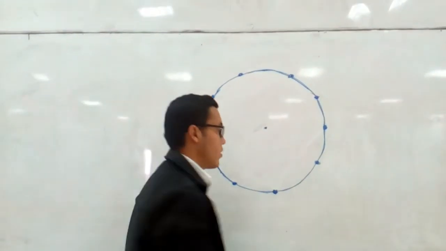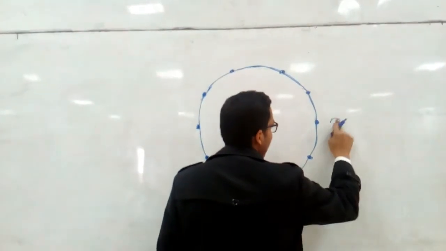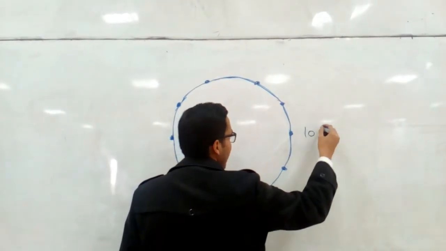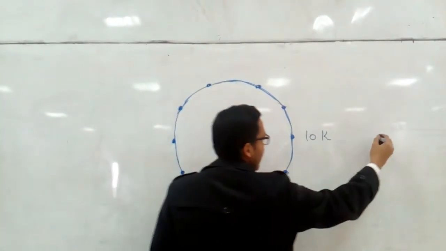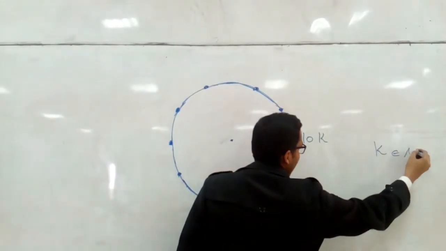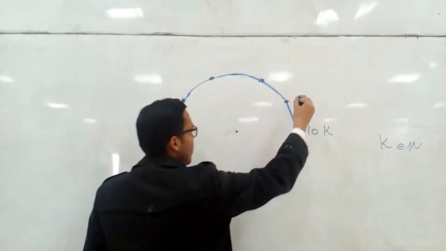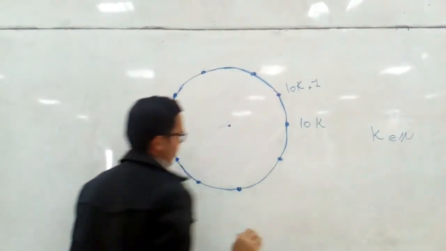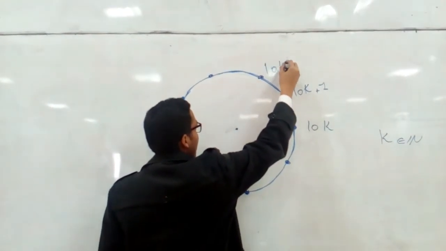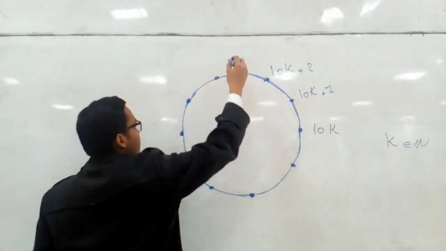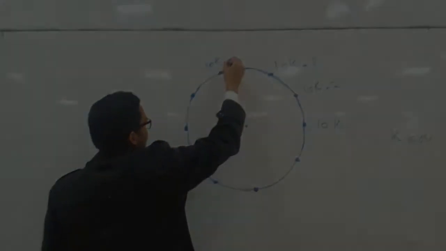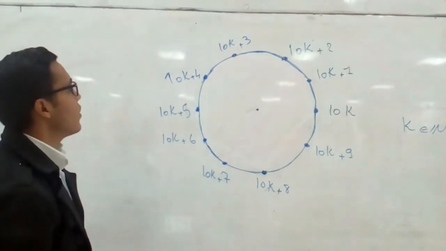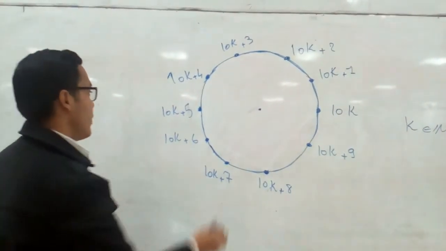Numbers that end with 0, like 0 and 10, you can consider as 10k, when k is a natural number. This one over here is 10k plus 1. Here is 10k plus 2, and you can continue doing this. So here's our circle. Now it's ready to start proving.